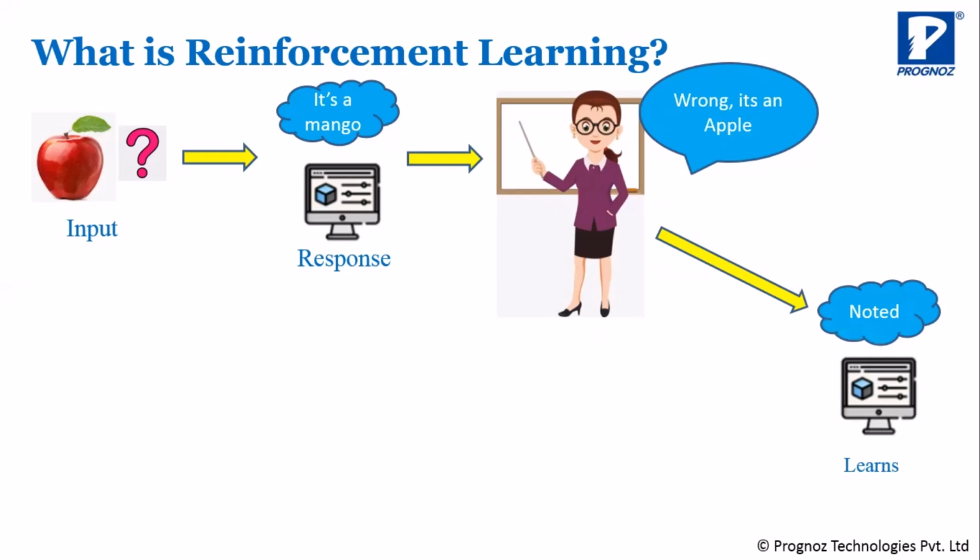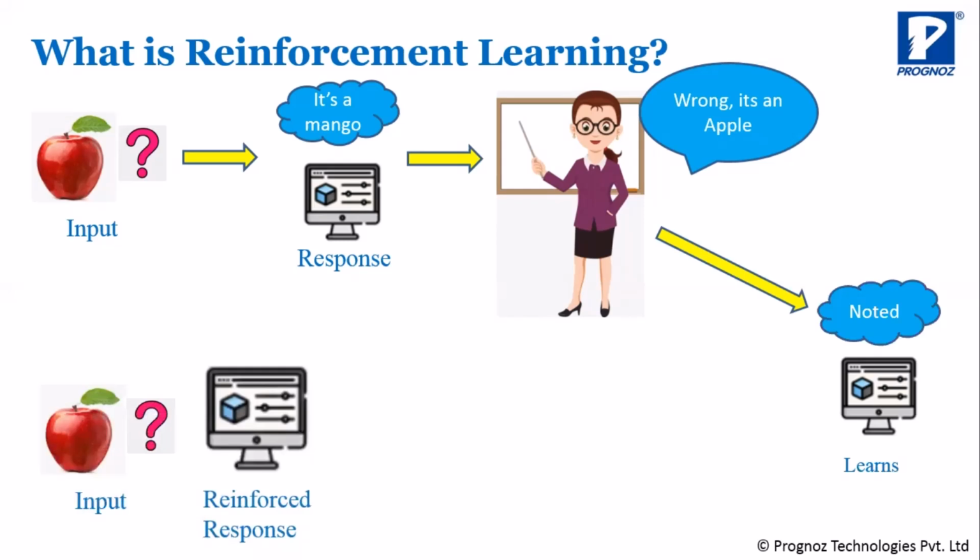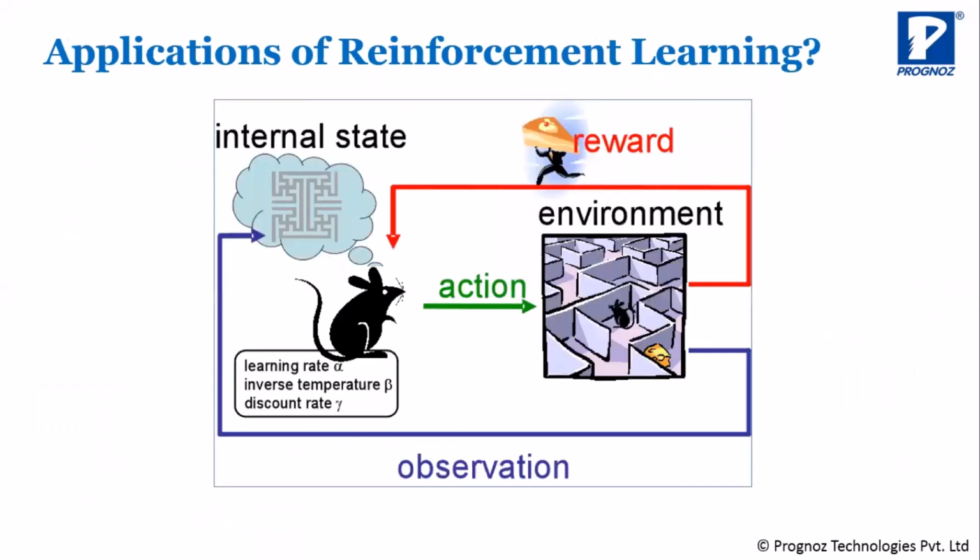So reinforce, we are saying, okay, relearn the concept based on the wrong output you have delivered. So now the machine learns. And next time we use the same input, we give the model, and this time it is producing the output, that is the reinforced output. So now it successfully predicts, okay, this is an apple. So that is how reinforcement learning works.